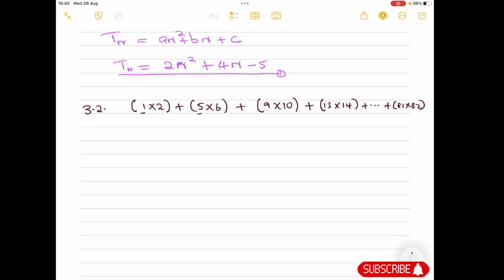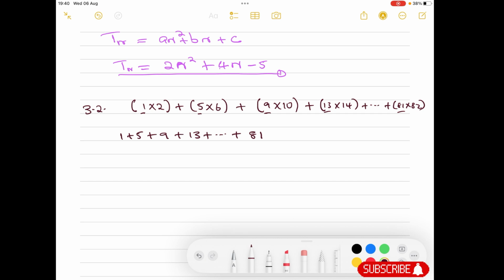Okay, if we can treat these first terms separately, I'll use different colors so that you don't get confused. Let us look at this one. We have 1 plus 5 plus 9 plus 13 plus what? 81. Let me go for another color now. Let me use blue.